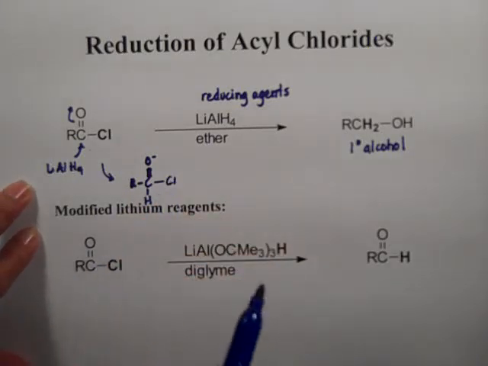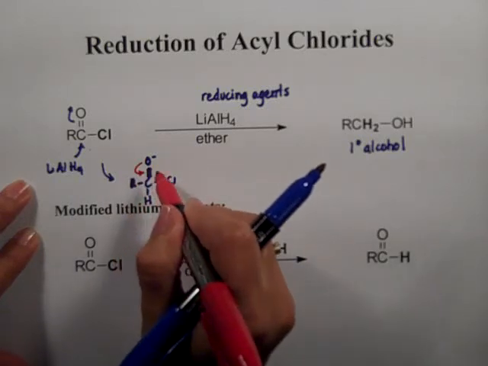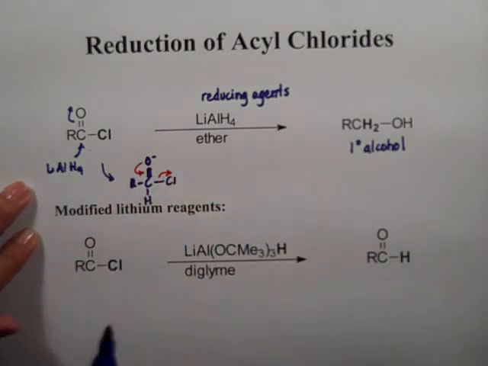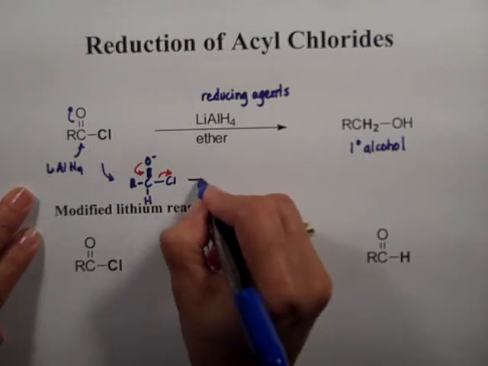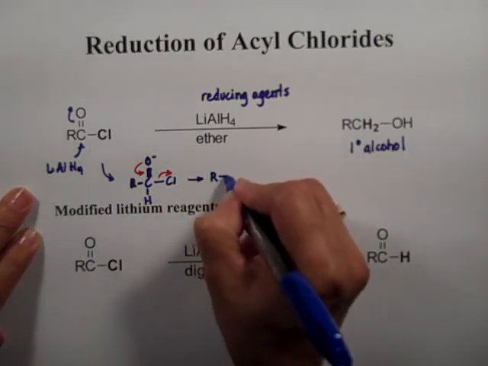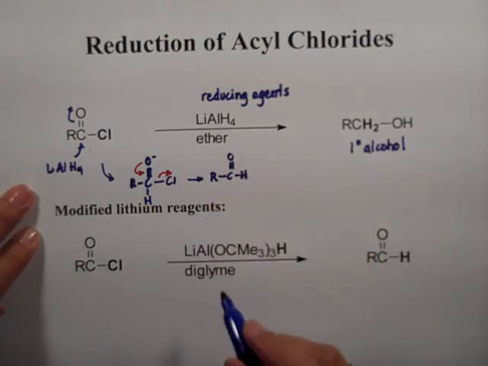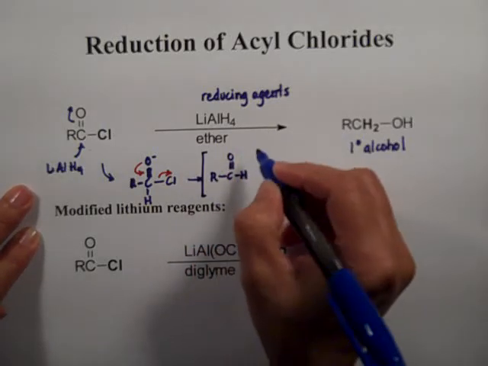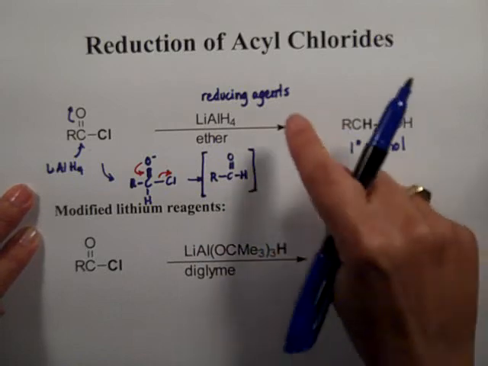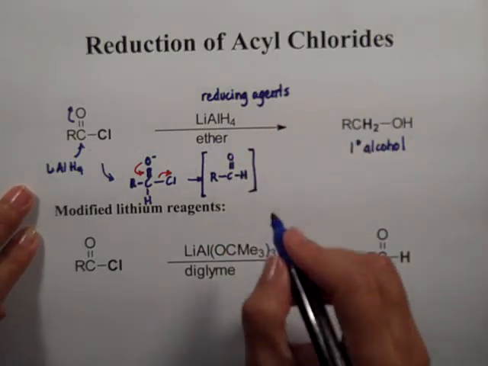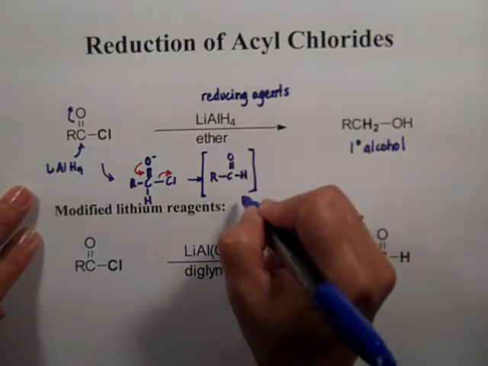And then you remake the carbonyl by displacing the chloride. Notice that we have an aldehyde intermediate. We do not isolate the aldehyde intermediate because we still have 3 more hydrides in our lithium aluminum hydride.